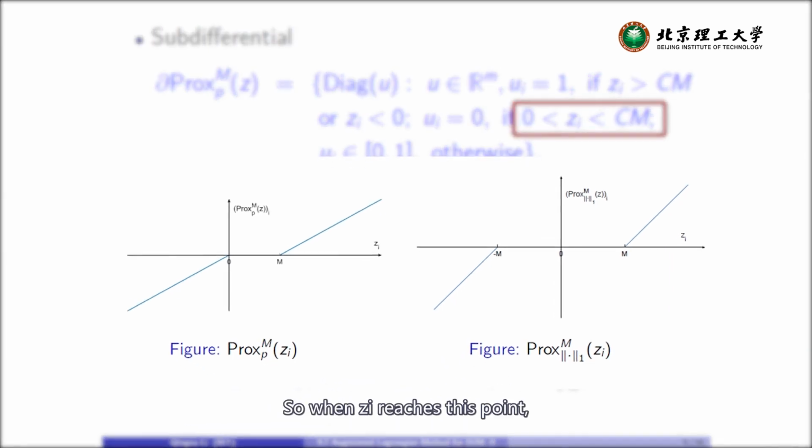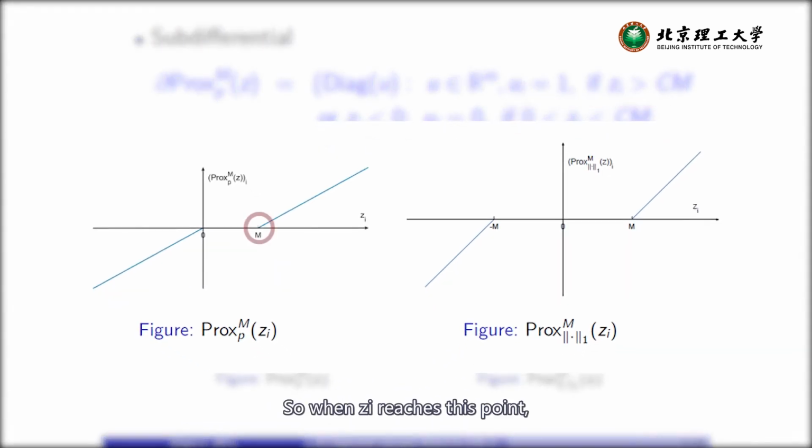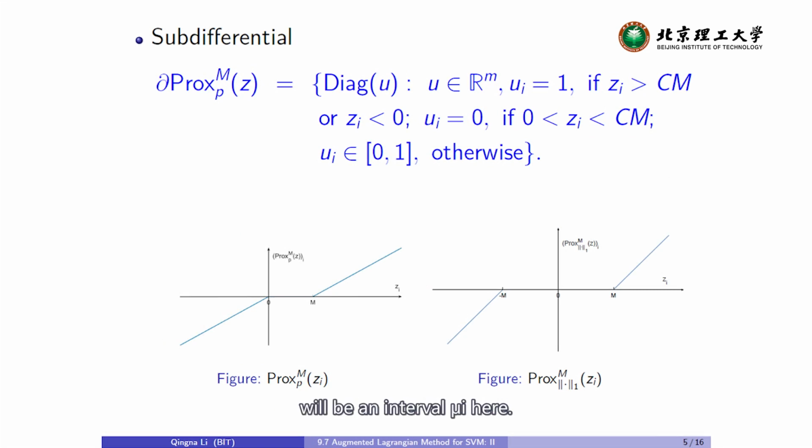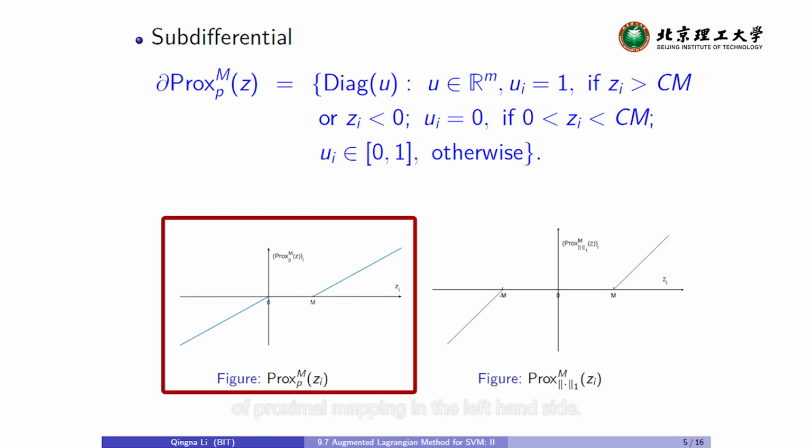When z_i reaches this point, say z_i equals 0 or the constant, then the subdifferential will be an interval mu_i here, okay? And we demonstrate the figure of the proximal mapping on the left-hand side, okay?